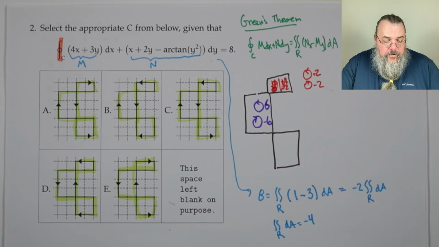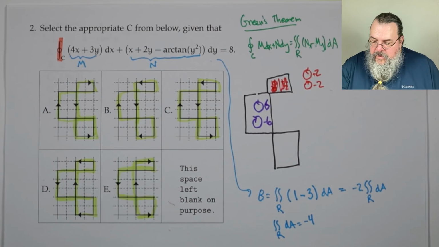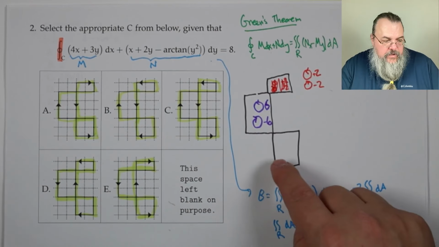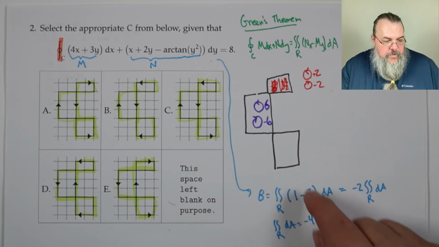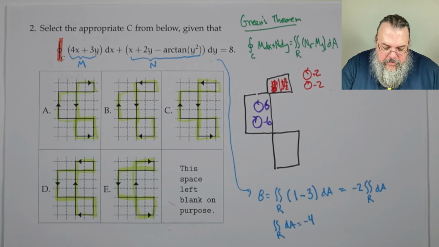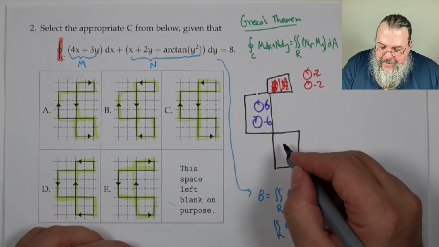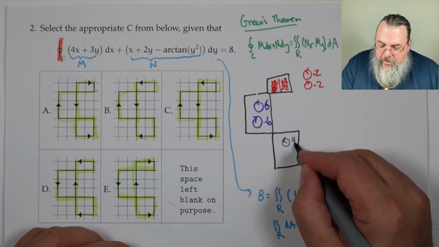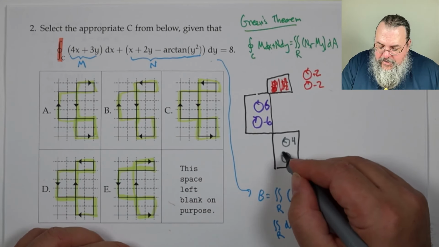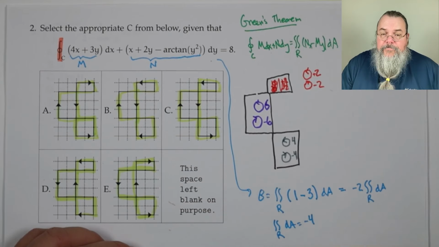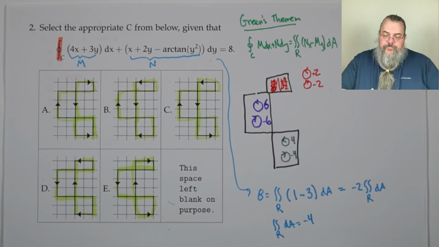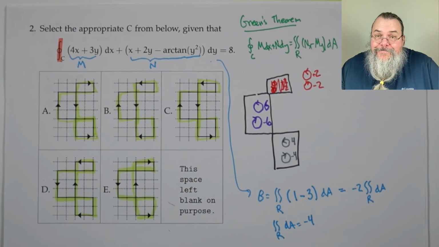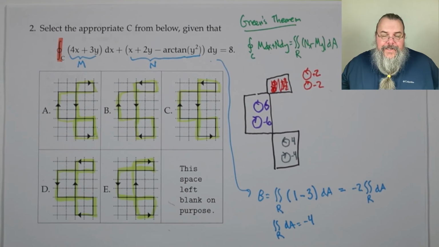And now we say, okay, our last piece down here is what? Well, it has area 4, and so counterclockwise is +4, clockwise -4. Now, what do we do? How's this going to work? Well, here's the idea.